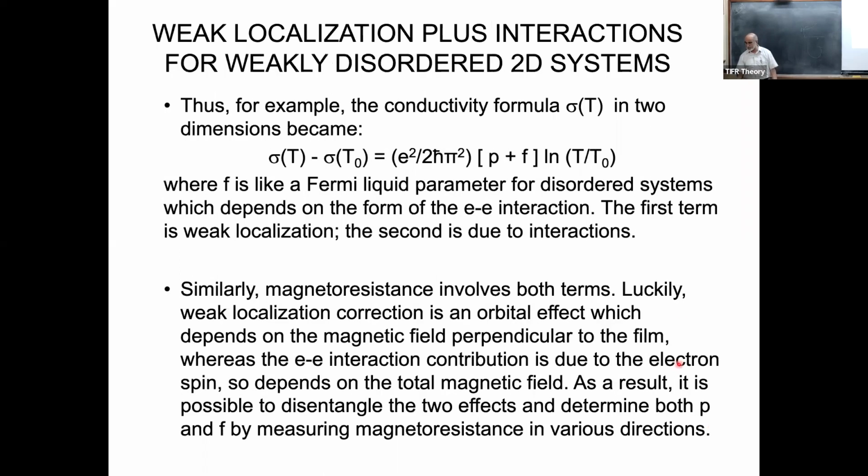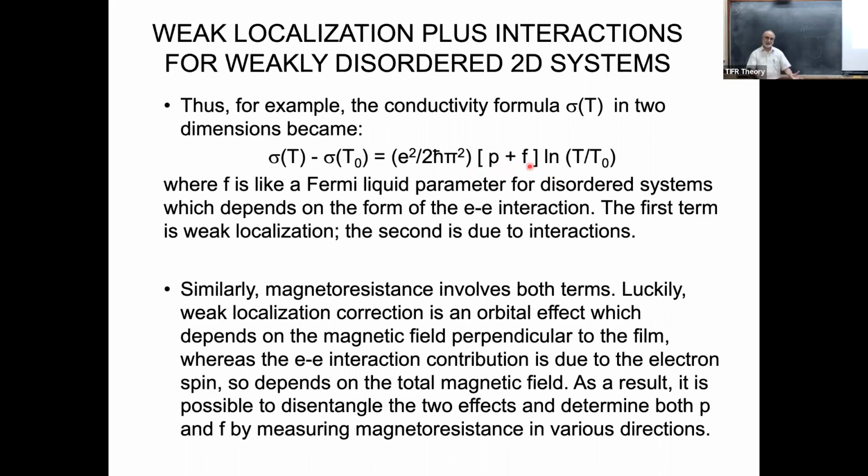So what happens is you get the conductivity in 2 dimensions at high conductance. In 2 dimensions, the conductivity and the conductance are the same since there is no length scale between the two. So you'll get this correction that looks like log T over T naught, with the P coming from localization effects, but you also get an additional term which I have just written as little f.